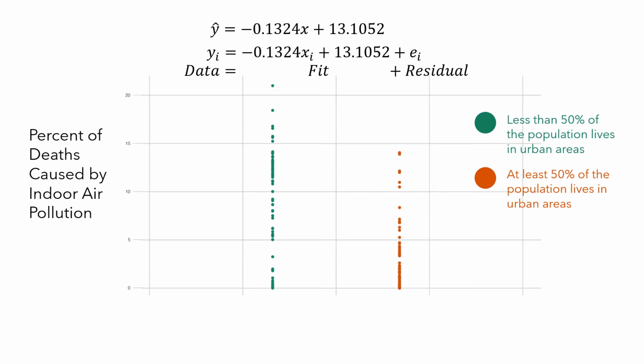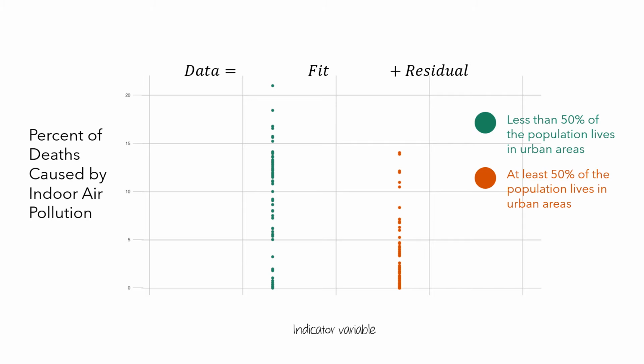In order to use linear regression with these categorical data, we treat this categorical variable as an indicator variable by using 0 to represent less than 50% of the population living in urban areas, and 1 representing at least 50% of the population living in urban areas. Then, to construct a model, we just use the means in each of the two levels of the variable.